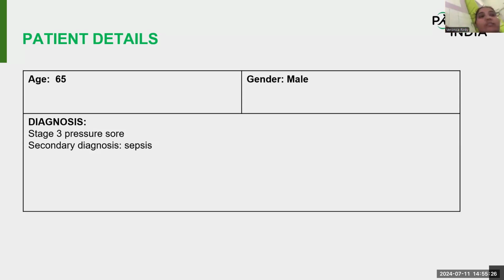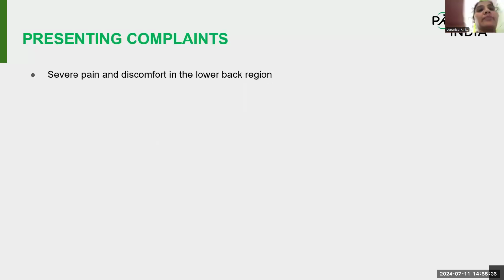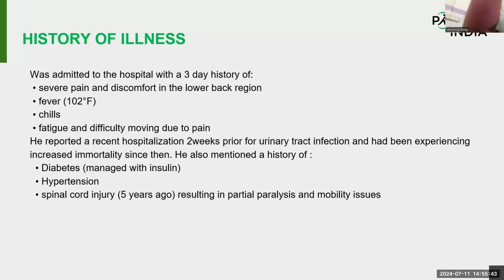Patient age is 65, gender male, diagnosis stage 3 bed sore, secondary diagnosis sepsis. Presenting complaint: severe pain and discomfort in the lower back region. History of illness: was admitted to the hospital with a 3-day history of severe pain and discomfort in the lower back region, fever 102 degrees Fahrenheit, chills, fatigue and difficulty moving due to pain.